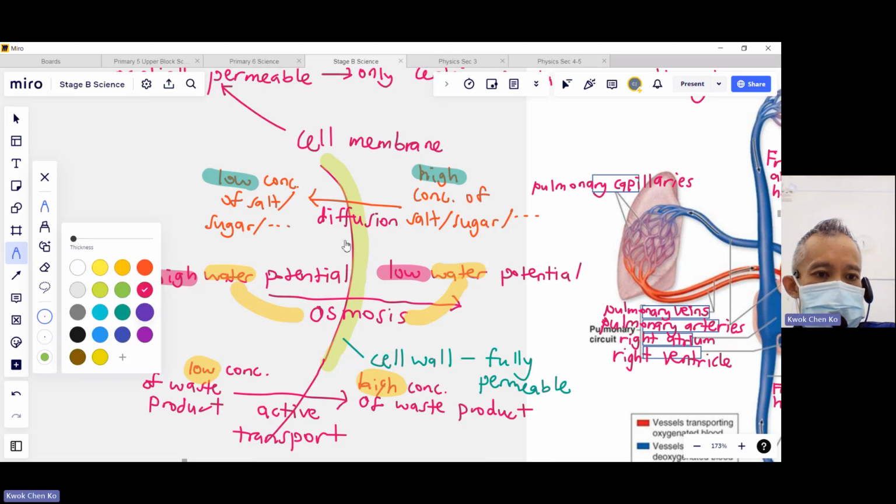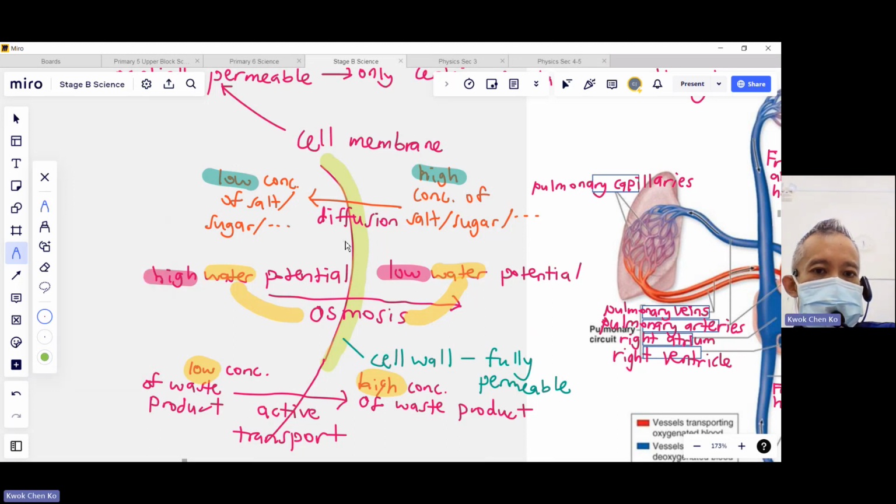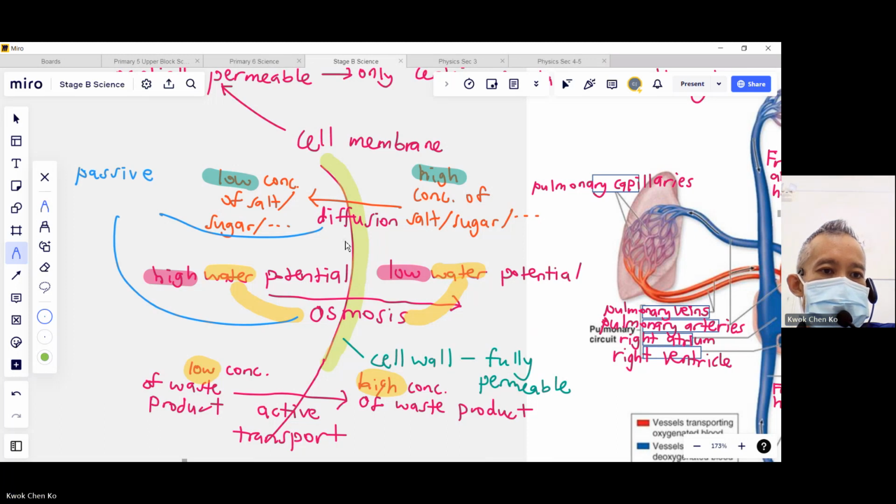The next three questions, important. Diffusion and osmosis are passive processes. They occur automatically.